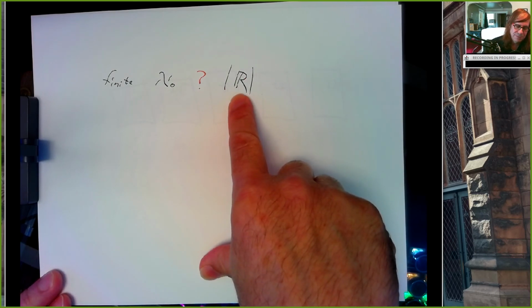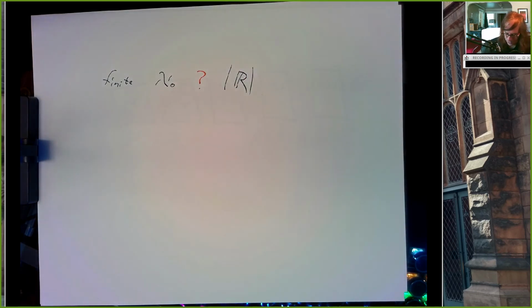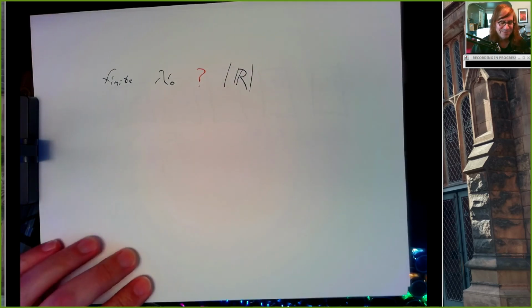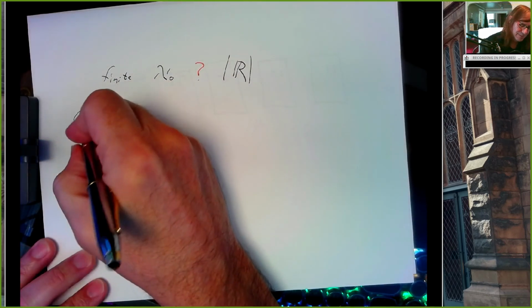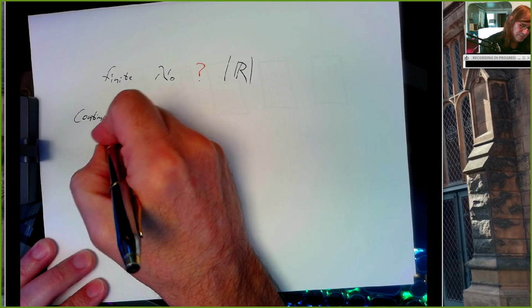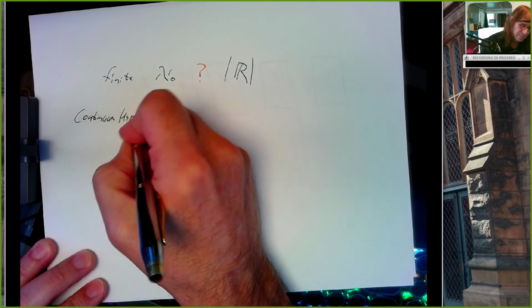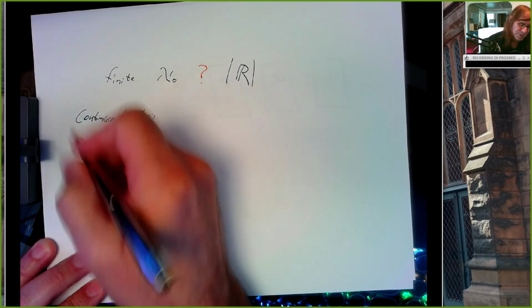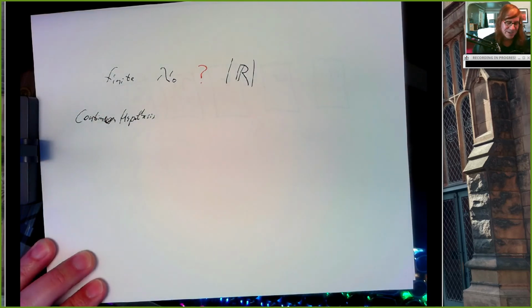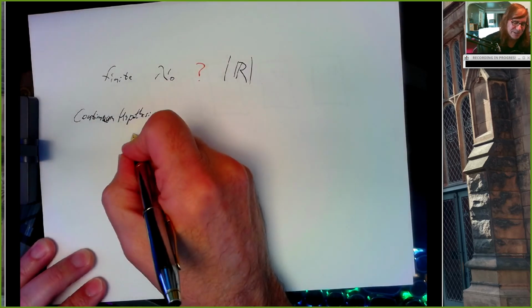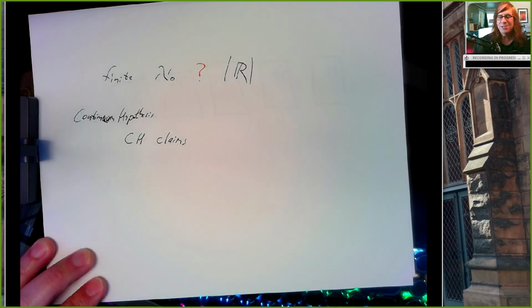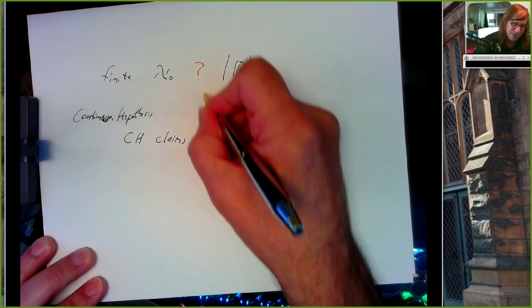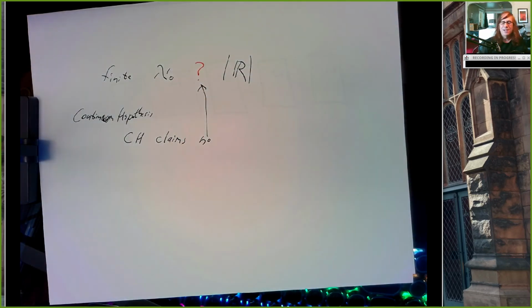Isn't that an unsolved mathematical problem? Well, sort of. So this question is called the continuum hypothesis. Pretty sure I spelled continuum wrong, so I'll just make it extra sloppy. The continuum hypothesis, or CH. And the continuum hypothesis claims that no, there's nothing in between Aleph naught and the size of the reals.